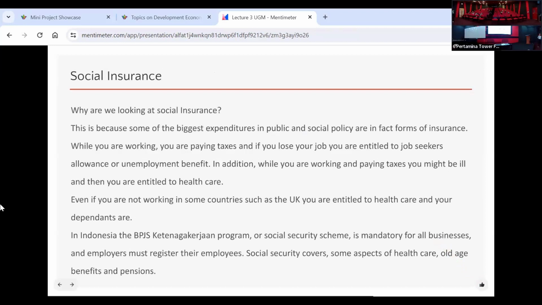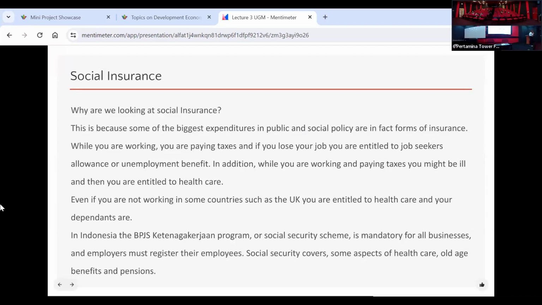So we're looking at social insurance because it's the biggest expenditure in public and social policy, and it behaves like insurance. While you are working, you're paying taxes. And while you're paying taxes, these taxes help to pay social insurance for you and your family. And there are things that we don't see, that are not direct.